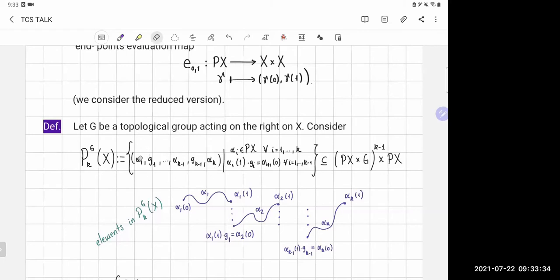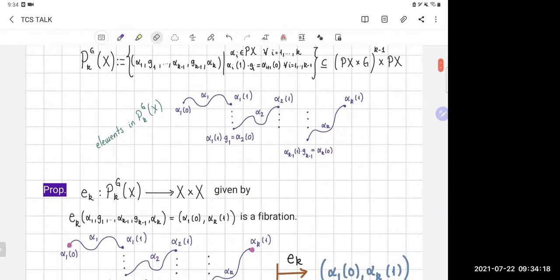This element starts with a curve here and satisfies the following property. The translation by g_i of the final point of the ith curve agrees with the initial point of the i plus 1 curve. So we can think of an element here, as in the image, as a pair of curves and elements in the group that are connecting finals and initials of the curves, and a final curve.